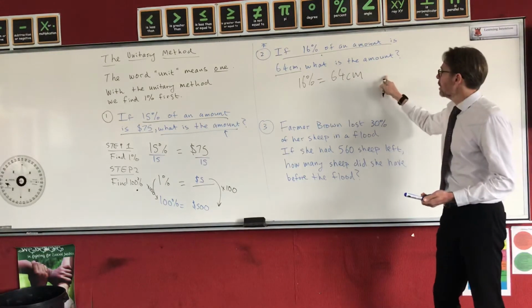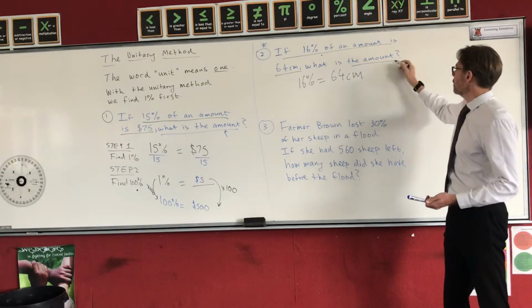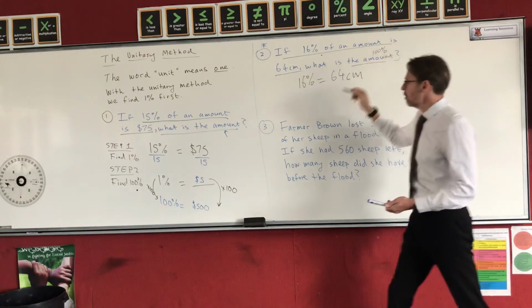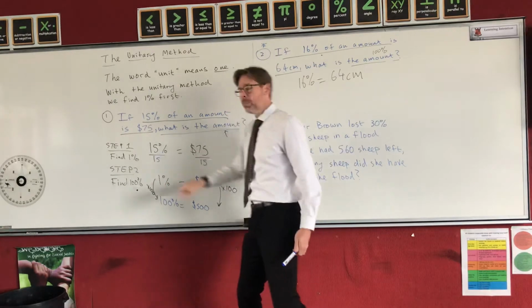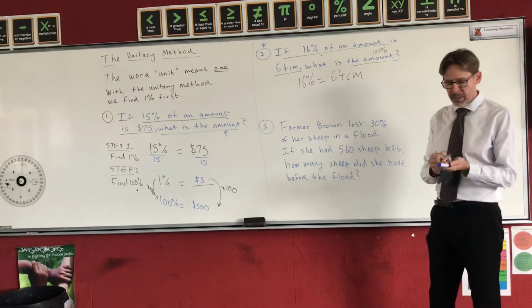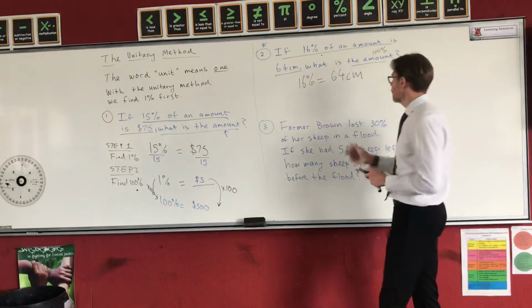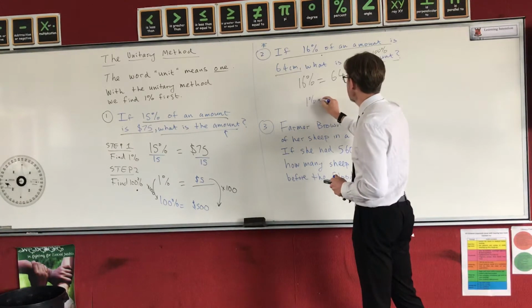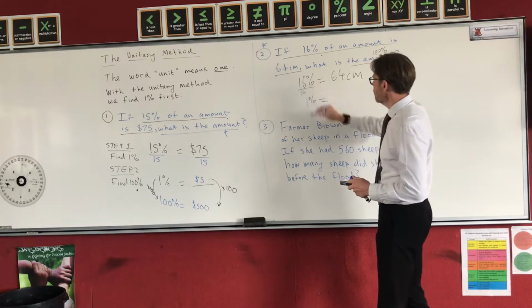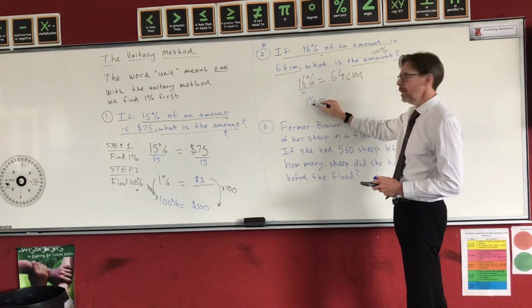Now, we've got to find out what the whole amount is. The whole amount is 100%. Okay? So step 1, find 1%. Now, to find 1%, how do we do that? We need to use division. So how do I get 1%? I divide by 16. 16 divided by 16 is 1.